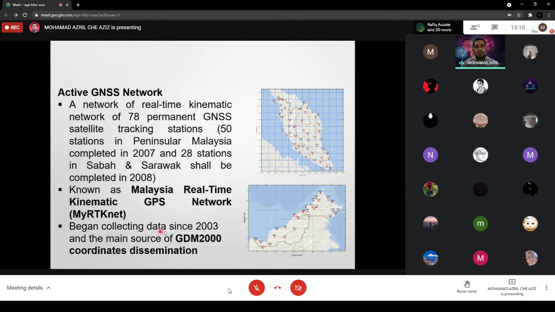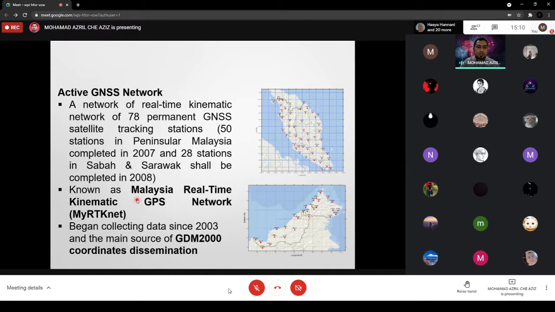It began collecting data since 2003 and is the main source of GDM 2000 coordinate dissemination. So this is the distribution of the MyRTKNet stations in Peninsula and Sabah Sarawak.